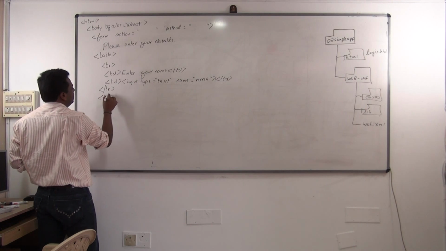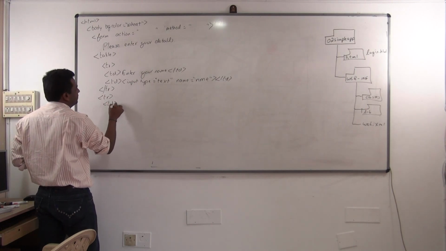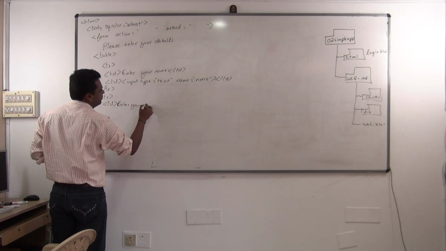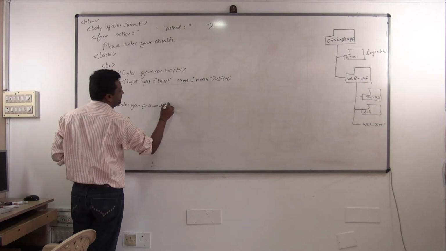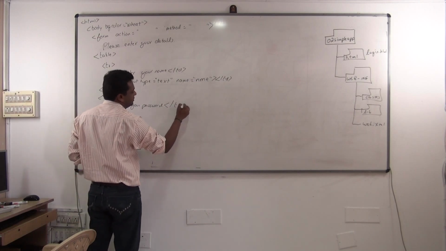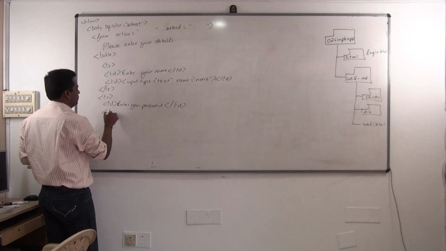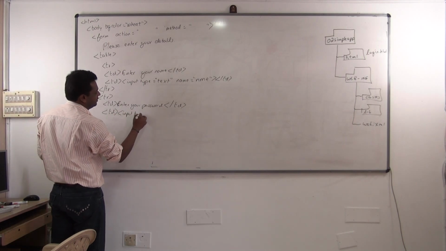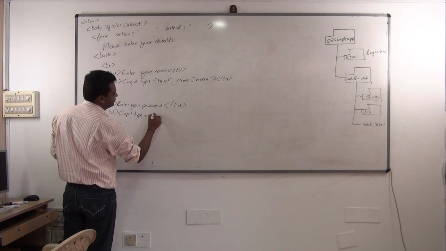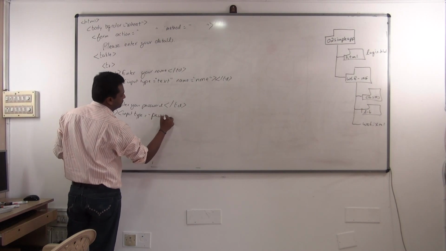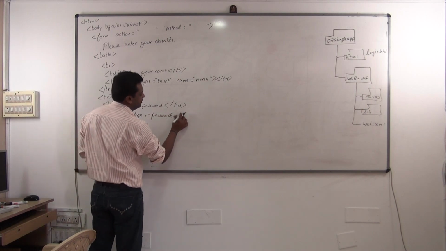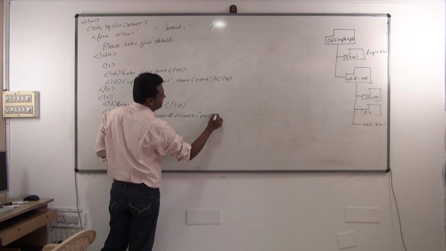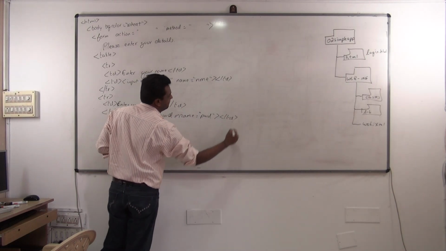One more TR, in that TD, enter your password, slash TD, one more TD, input type is equal to password, name is equal to pwd.